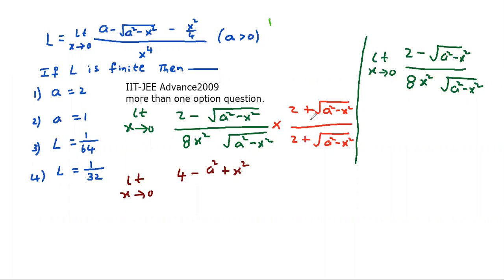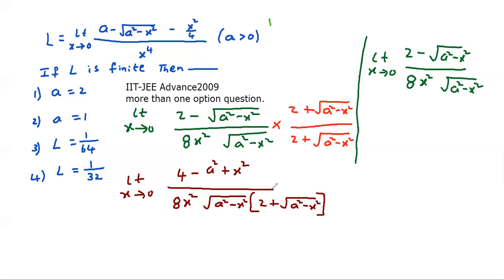Just expand, you get minus a square plus x square, by this denominator as it is. Just write it combined: 8x square into root a square minus x square into 2 plus root a square minus x square. That's it. Okay, for a square minus x square, I am taking a bracket.